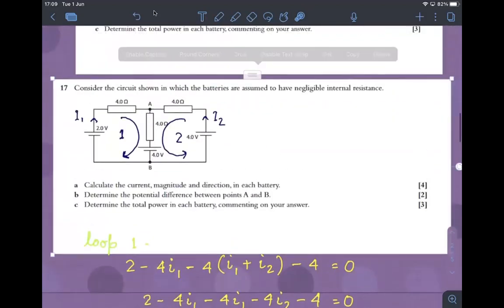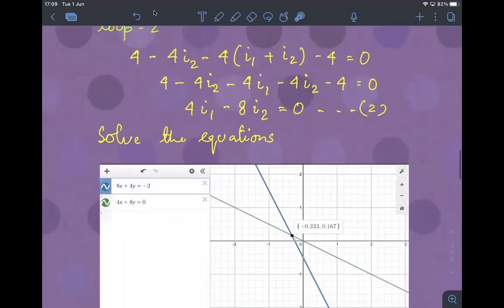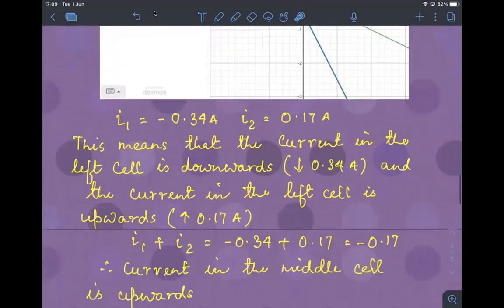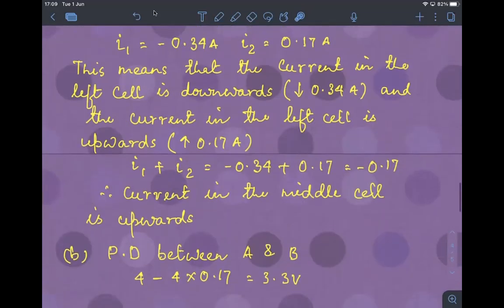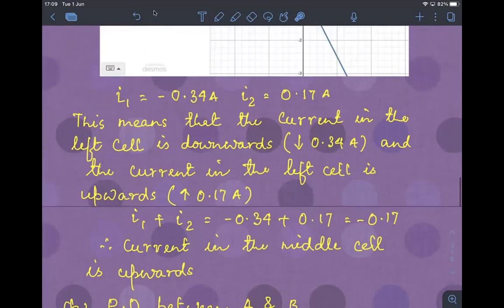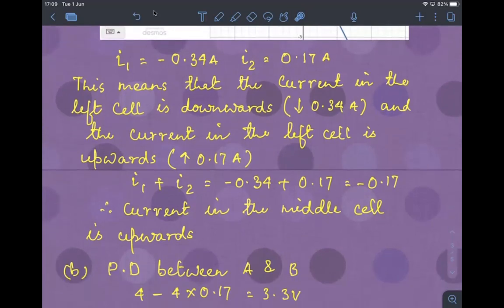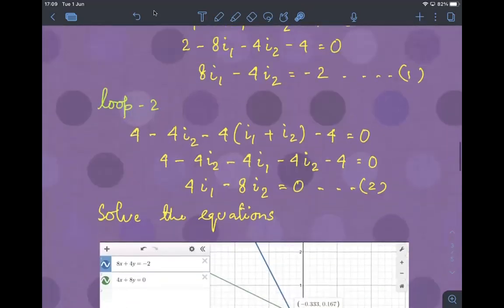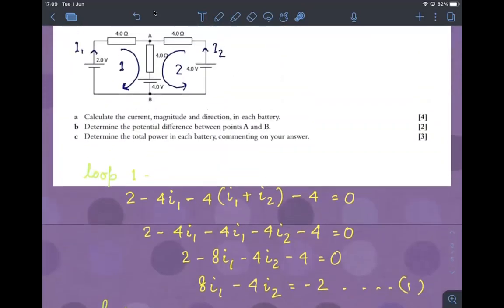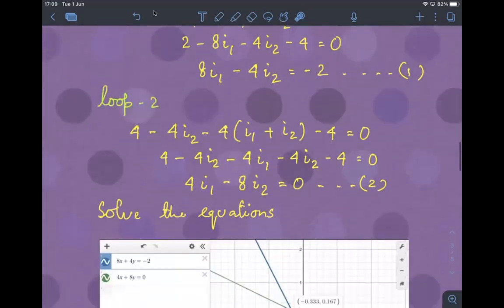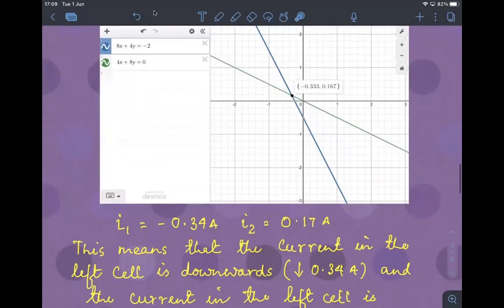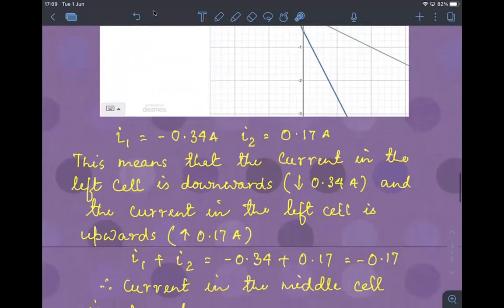This is your left cell. The current in your left cell is downward, and the current in your right cell is upward. You see here, the current in the left cell is downward because I1 is negative. You got I1 negative and I2 is positive.